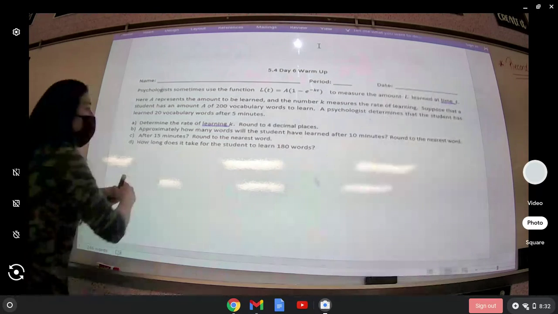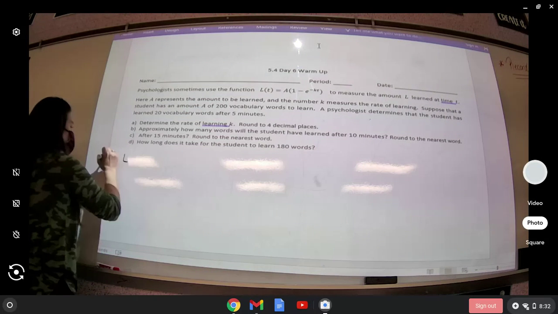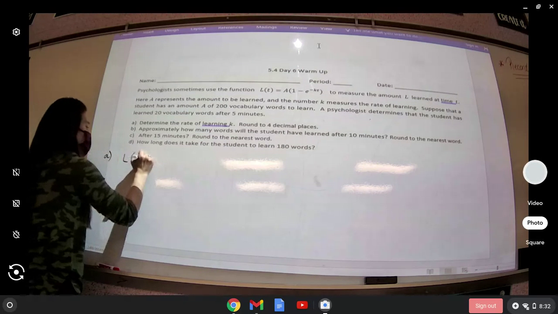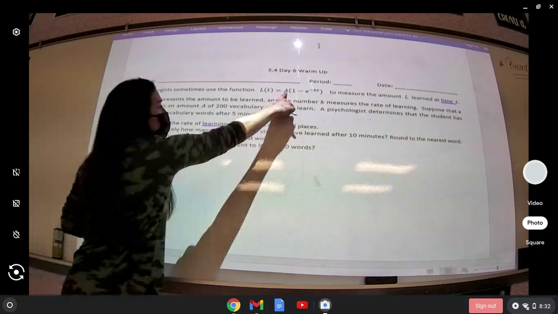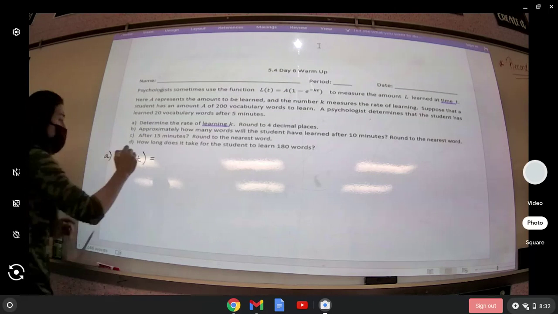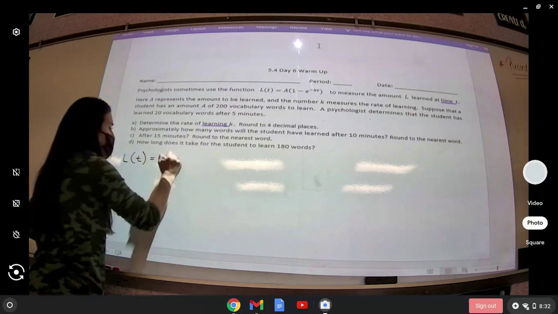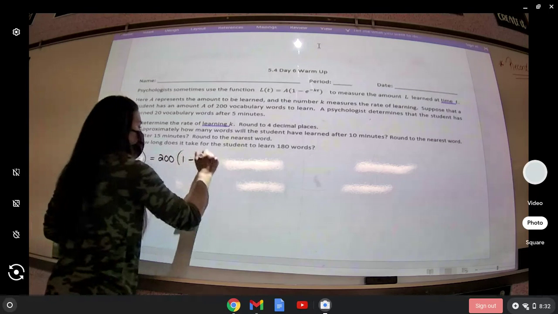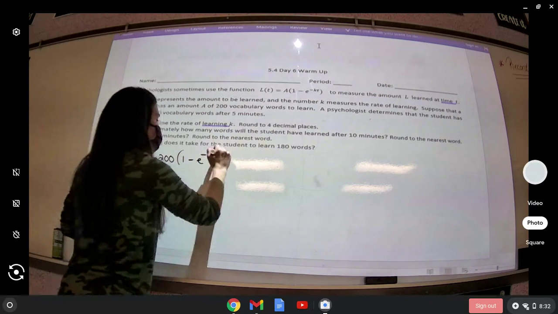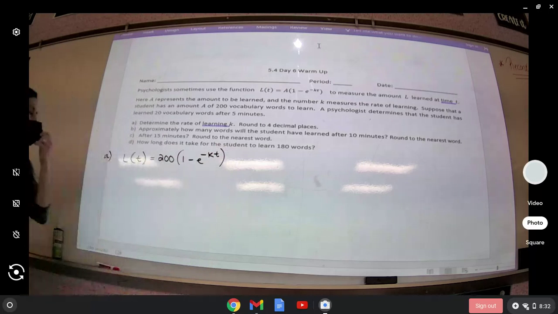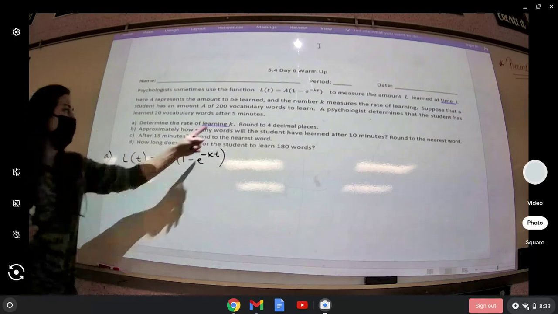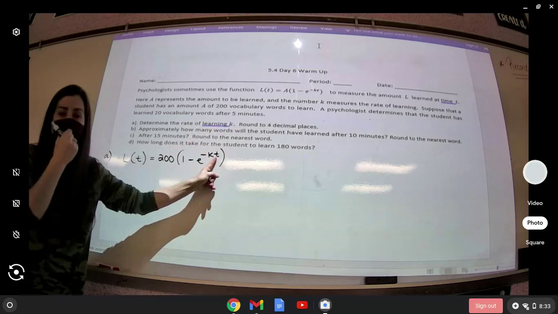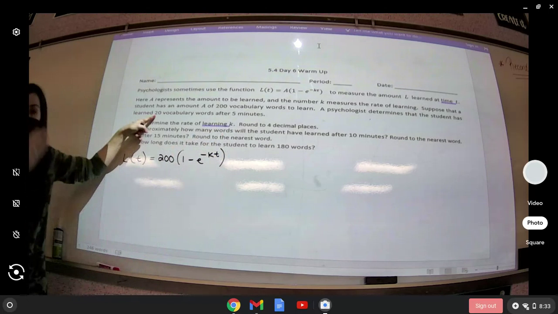So guys, let's take our function, L, this will be part A, of t equals, we're going to plug 200 right away in for A, because we know that's the amount of words that this student has to learn, times 1 minus e to the negative k times t. All right, guys, they just told us that after 5 minutes, when t is 5, he will have learned 20 words.